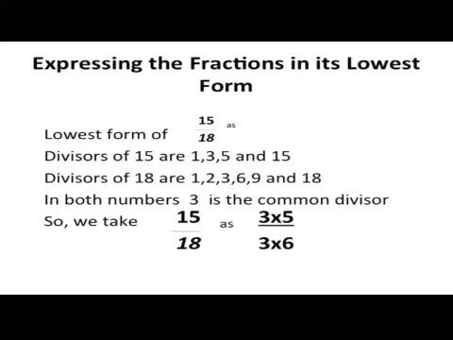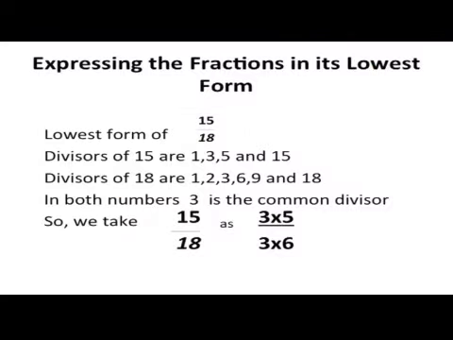In both the numbers, 3 is the common divisor. So, we can write 15 by 18 as 3 into 5 by 3 into 6. Now, we cancel the common divisor 3 in the numerator and denominator, so that we get 5 by 6.